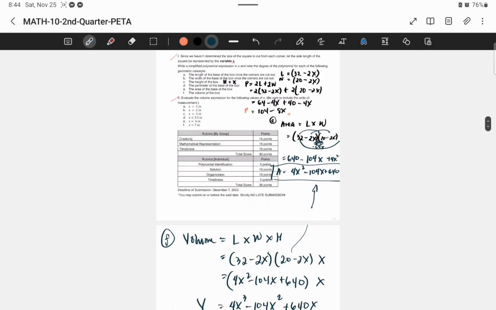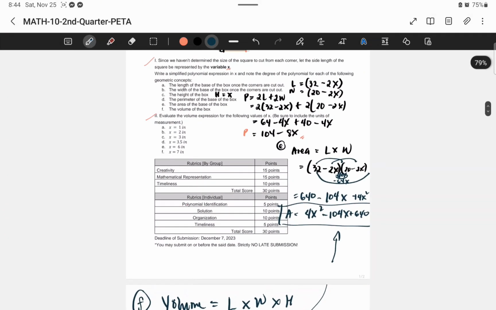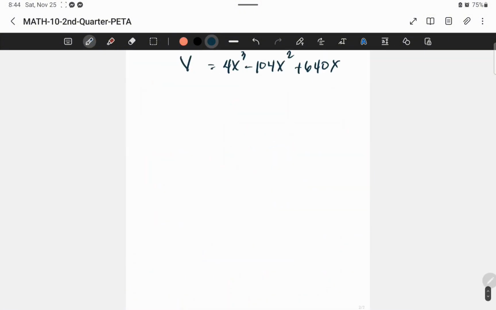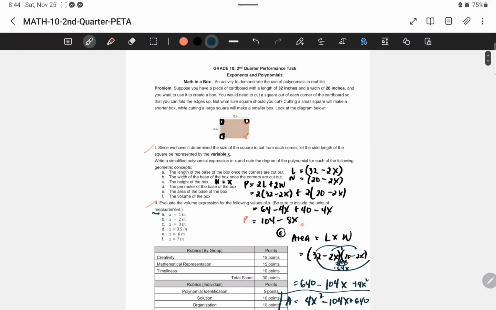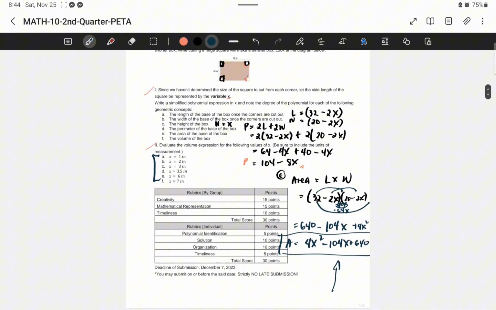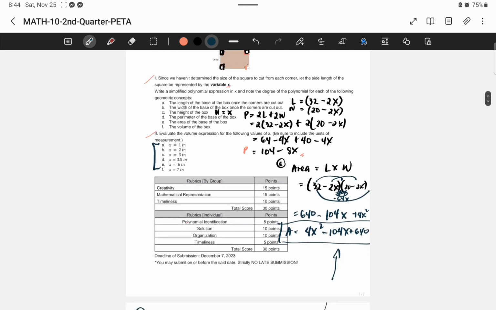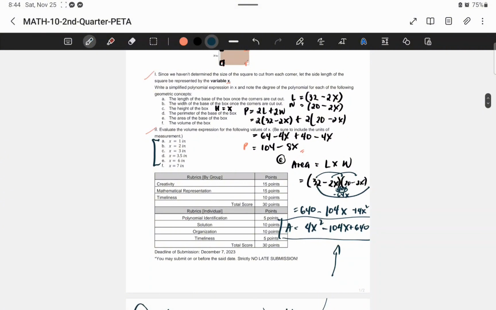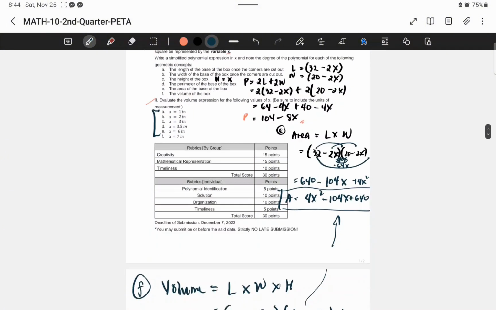Okay? For part 2, you're going to evaluate the volume expression for the following values of x. Okay? So, given these values, you have to substitute these values to your volume sa nabuo nyong polynomials. Then, from that, you're going to have a proper measurement of the volume.